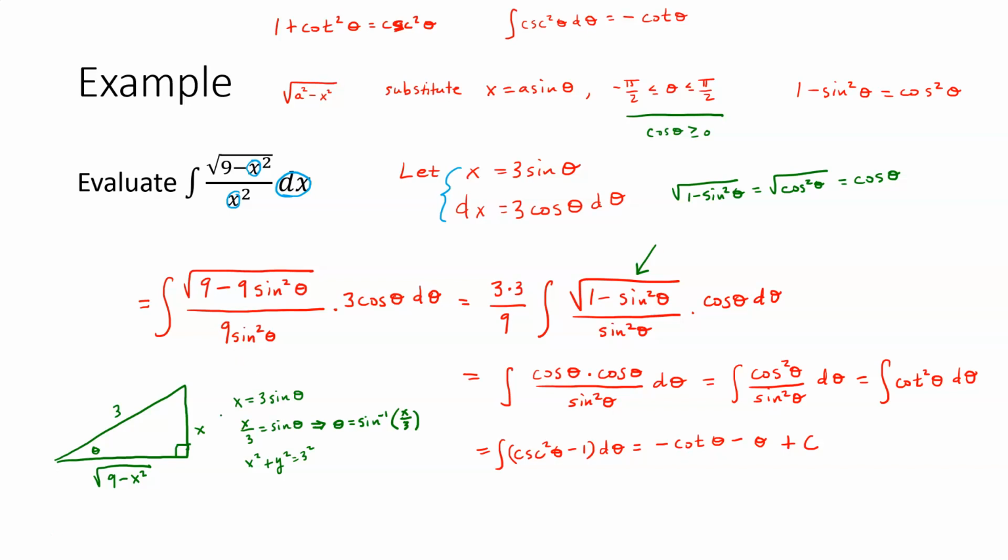And then for cotangent, remember cotangent is the adjacent over the opposite. It's the reciprocal of tangent. So we'll do the square root of 9 minus x squared over x. So negative cotangent theta will be negative square root of 9 minus x squared over x, minus theta, which is sine inverse of x over 3.